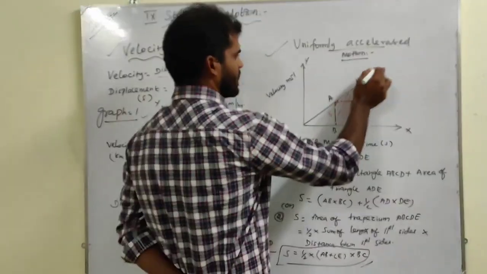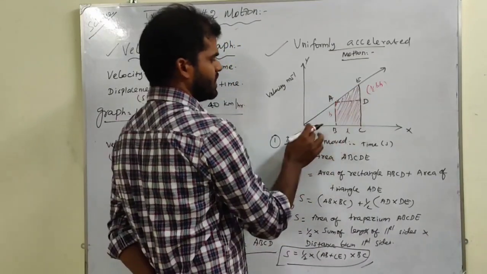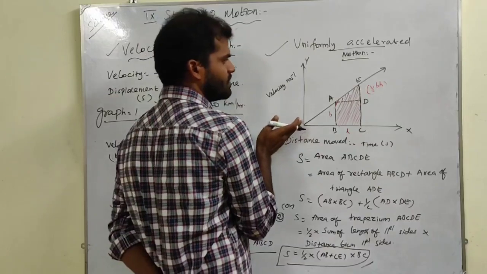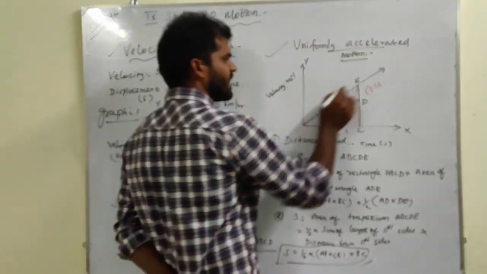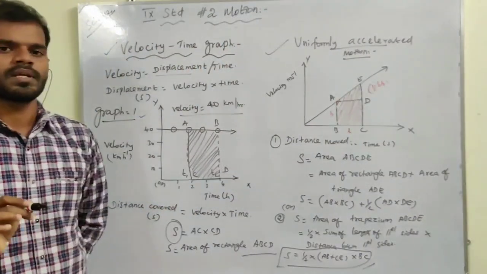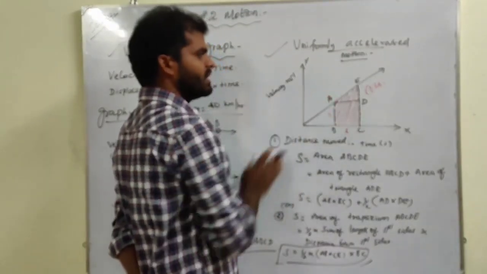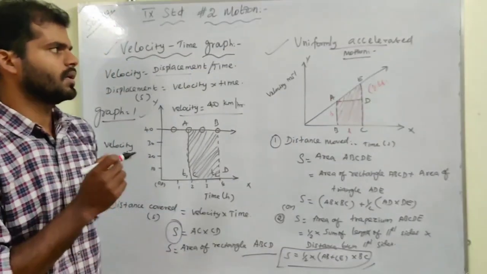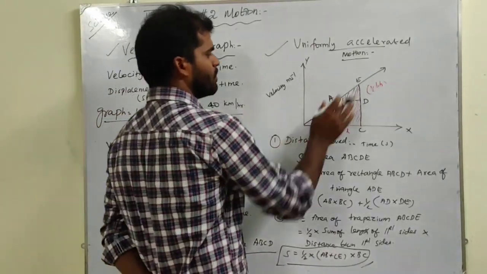After drawing the graph, the velocity is going in a uniform motion, right? That's why we have a straight line. Whenever you have a straight line, it means equal distance is covered in equal intervals of time, and that is called uniform motion.